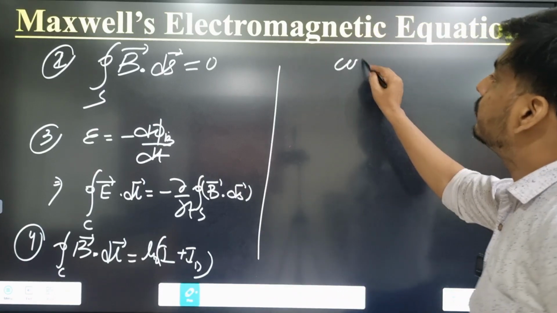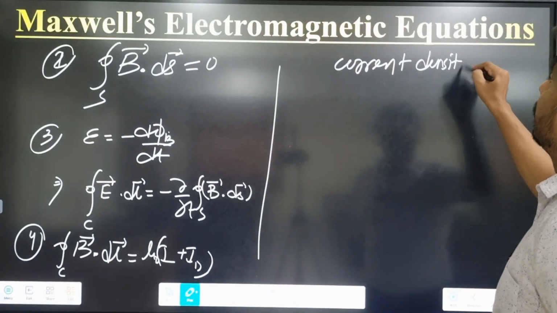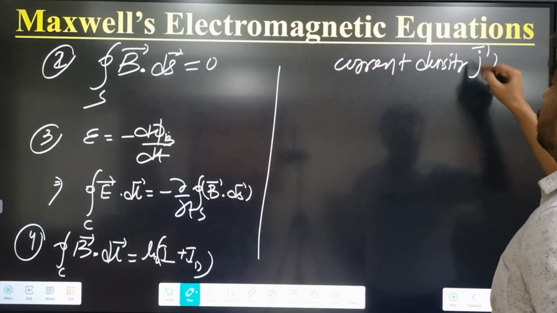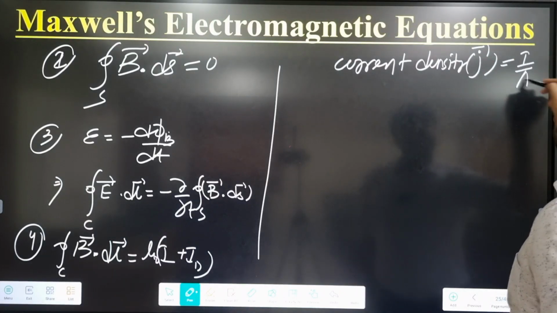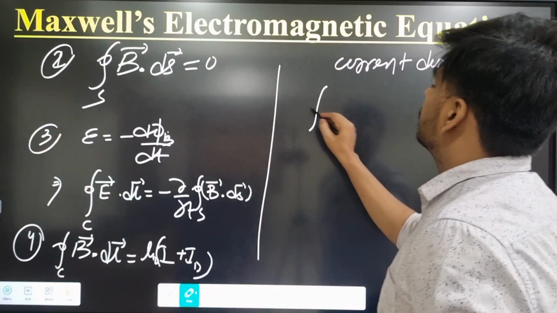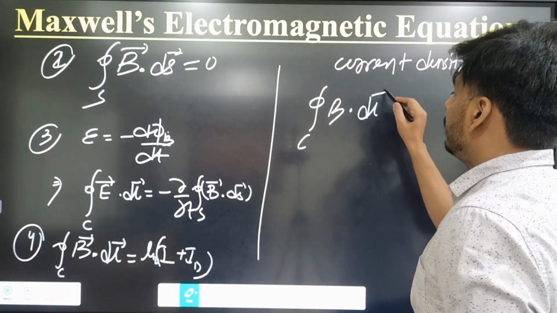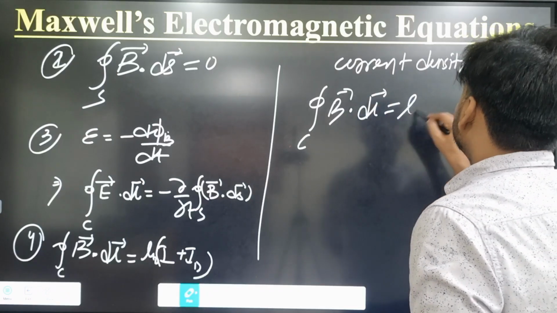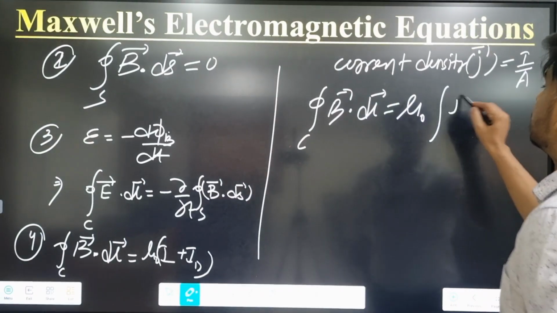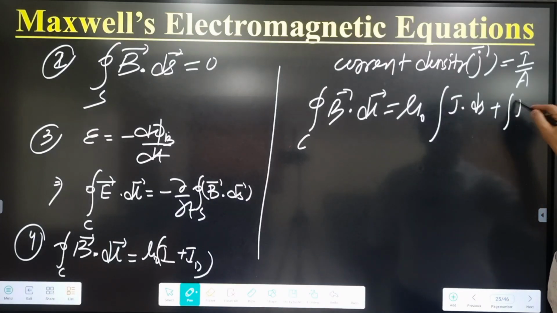Remember current density J vector is equal to I by A, current by area. So by using that we can write integration over C of B dot dl equal to mu naught times J dot ds plus integration of JD dot ds.